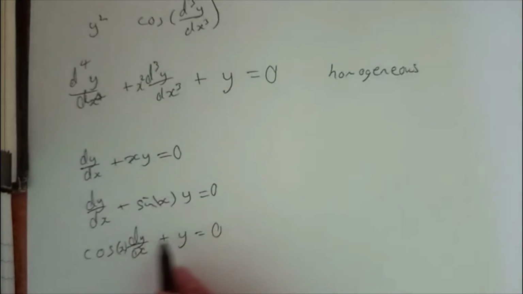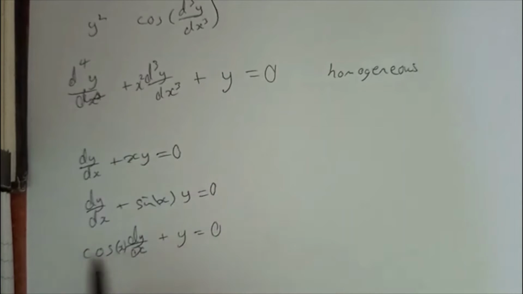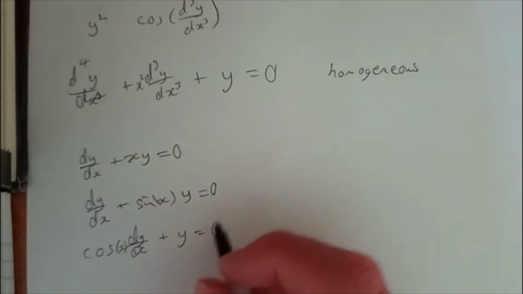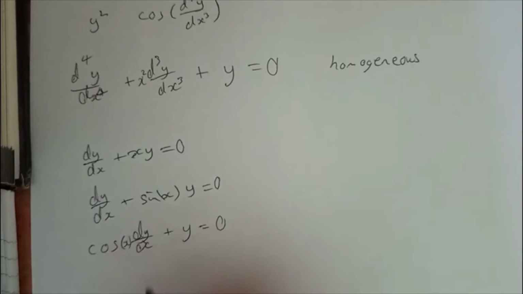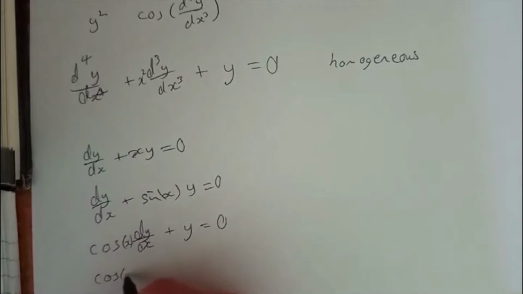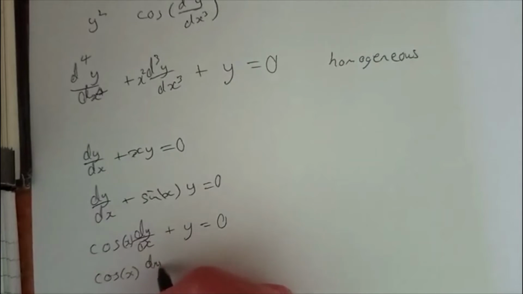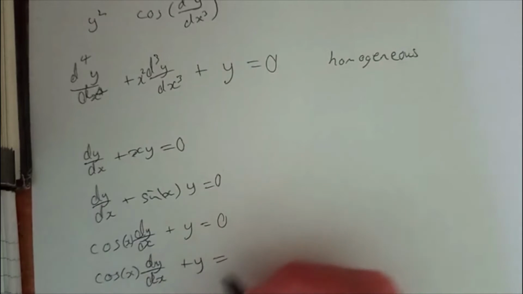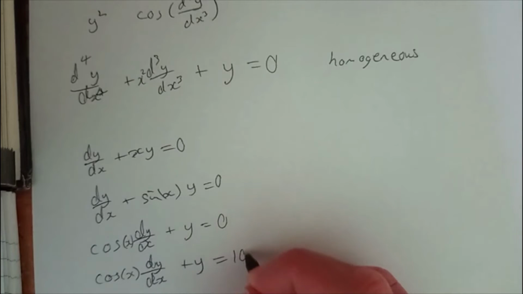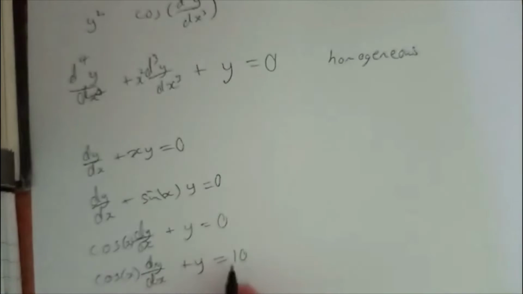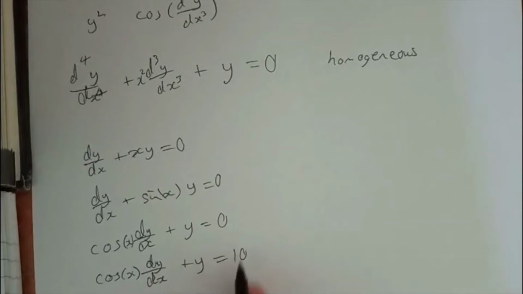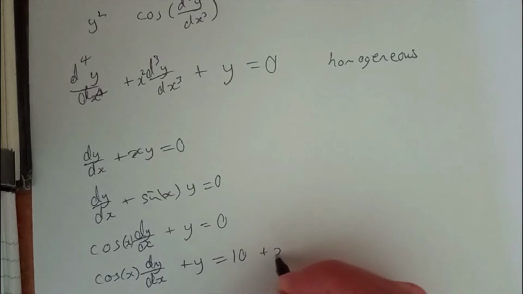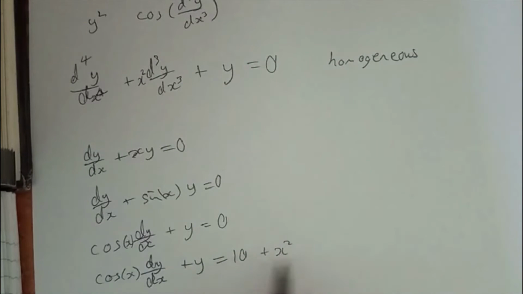And these are still homogeneous. But if we had cosine of x dy/dx plus y equals 10, then it's no longer homogeneous because it contains some other term. Or if it contained 10 plus x squared, it would not be homogeneous either.